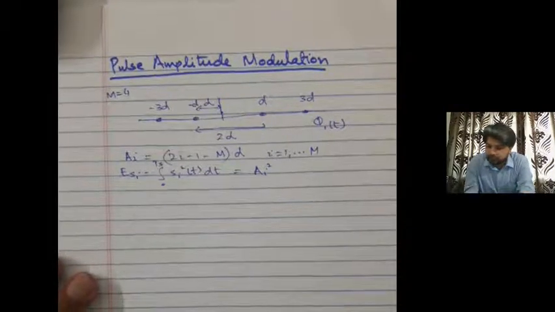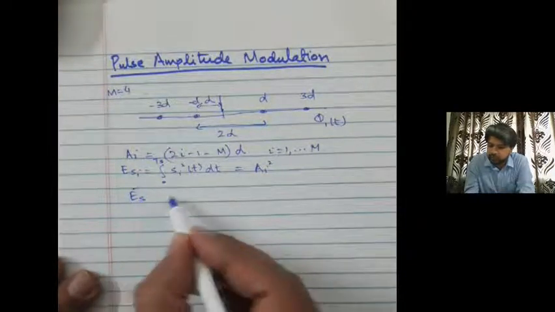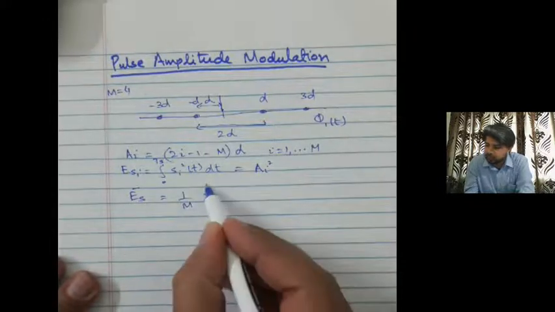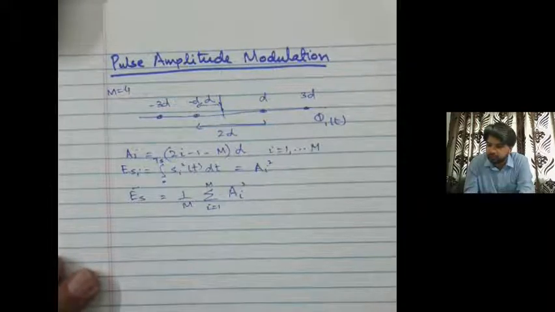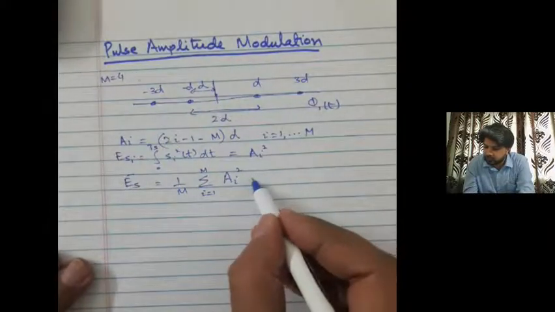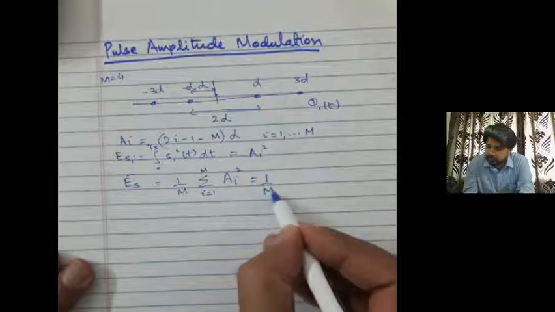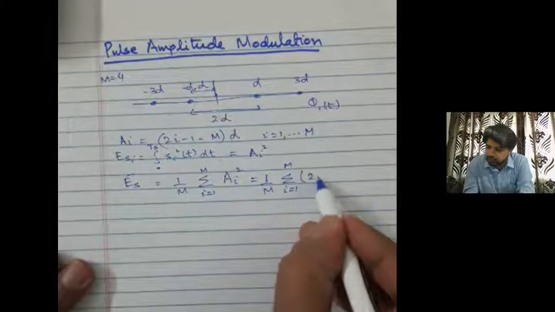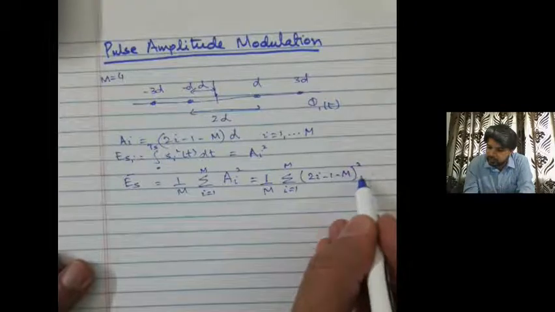So the average symbol energy, let me call it ES bar, would be equal to 1 over M, summation I equals 1 to capital M, the individual energies, which is AI squared. That would be equal to 1 over M, summation I equals 1 to capital M, times (2I minus 1 minus M) squared times d squared.